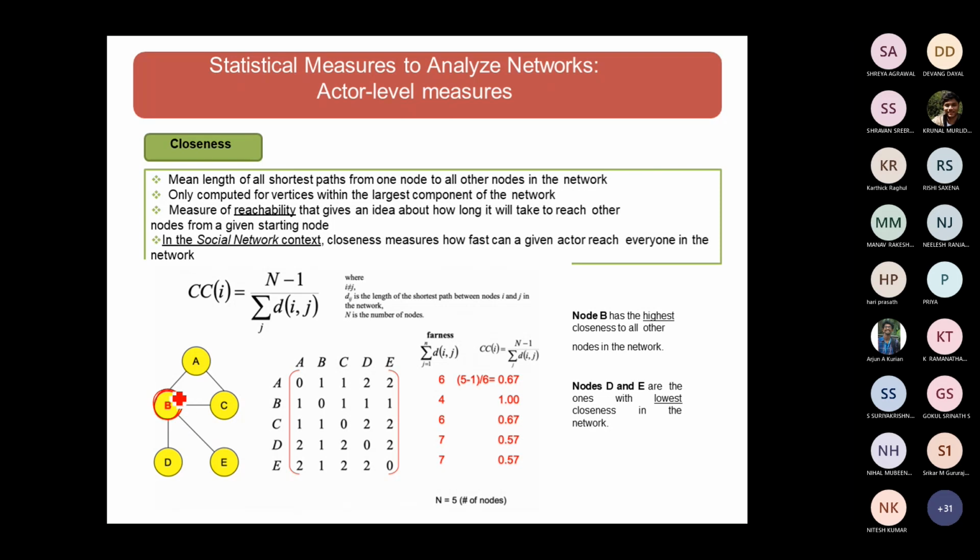So we'll go for a formal definition: the mean length of all shortest paths from one node to all other nodes in the network. Here also you're going to find the shortest path only, but the difference is the mean of all the shortest paths.